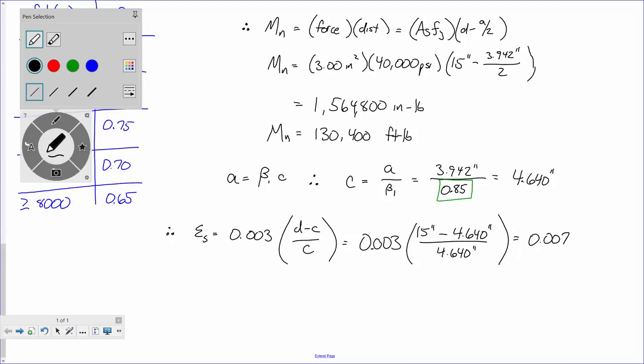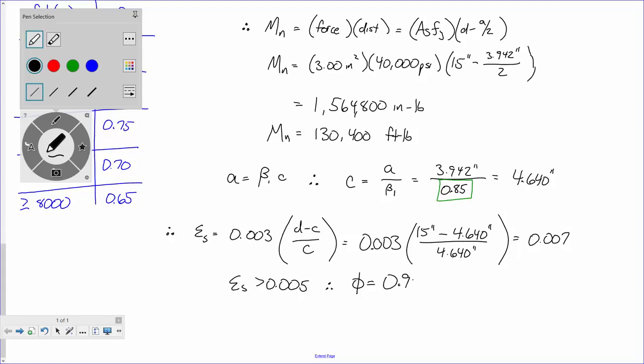Okay, so this is a beam that's phenomenally ductile. Remember, we want that number to be above 0.005 because that indicates high ductility. This is above that, so it's highly ductile. So epsilon sub s is greater than 0.005. Therefore, phi is what?